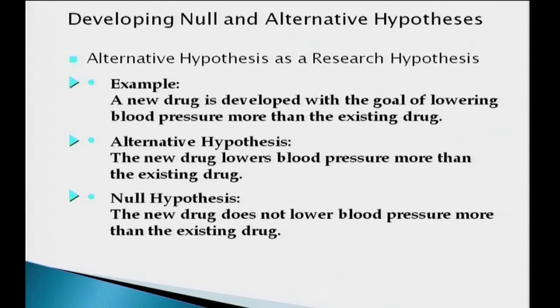So the alternative hypothesis would be that the new drug lowers blood pressure more than the existing drug. The idea was whether it is more effective than the existing one or not. The null hypothesis hence would be that the new drug does not lower blood pressure more than the existing drug. So the existing situation is the null hypothesis, an equality situation, and if it is more than, less than, or not equal to, that will come under the alternative hypothesis. I hope this is very clear to everyone now.